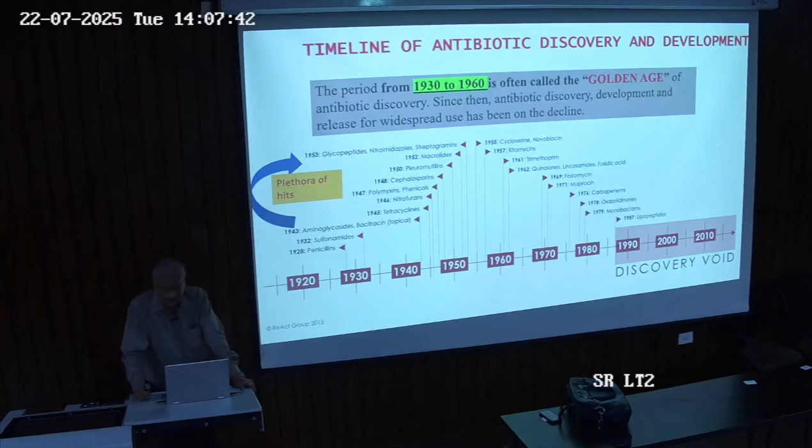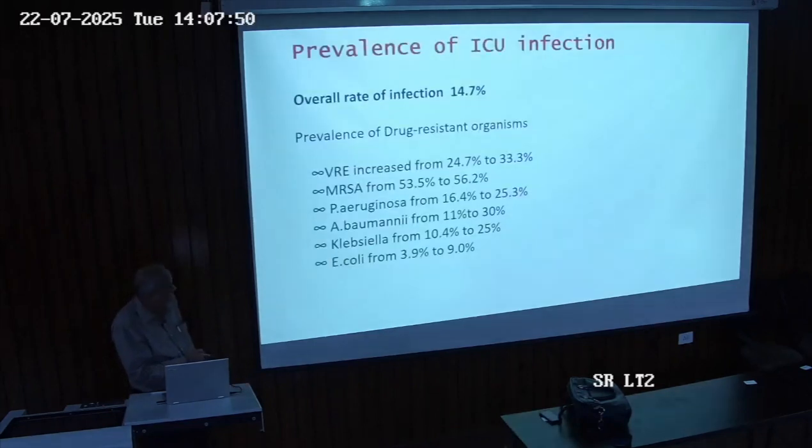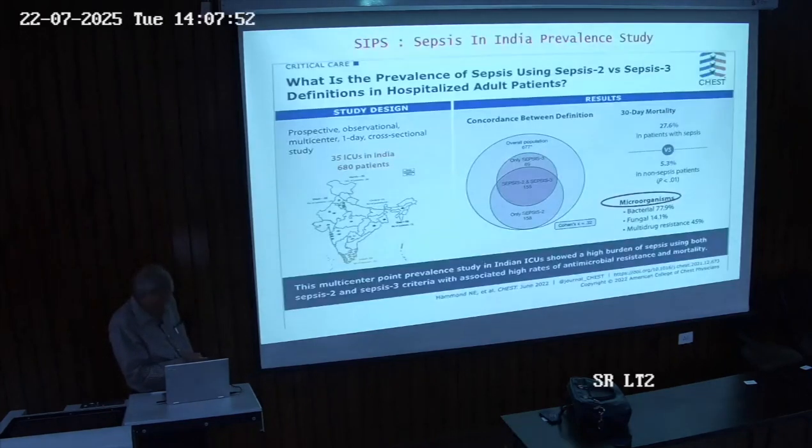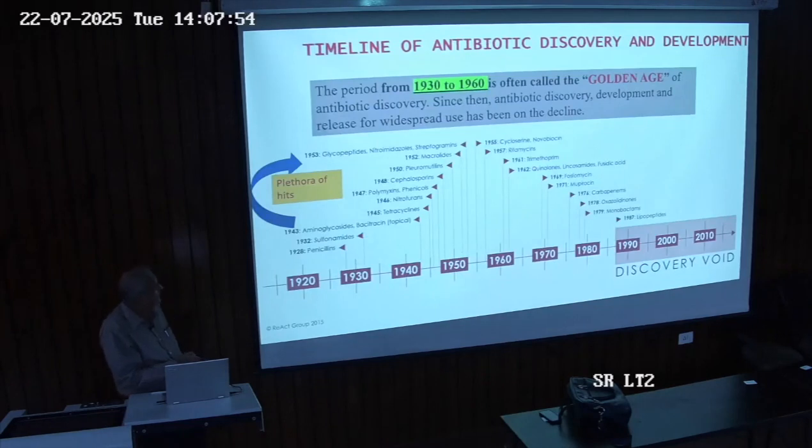This is what is known as the discovery void. You can see here the ascending curve and this is the descending curve. After that the antibiotic development was very sluggish.